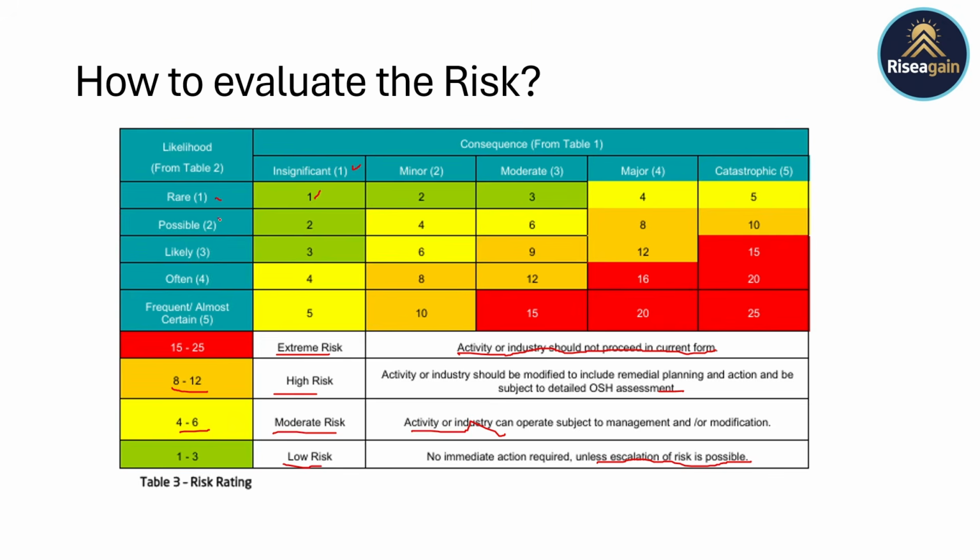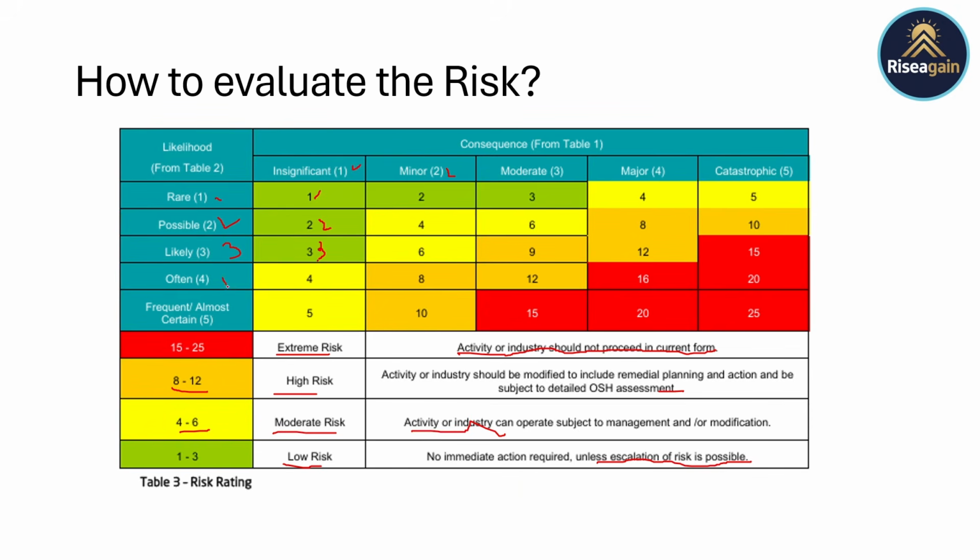If possible multiplied by possible, it will come, sorry, if this multiplied by 1, it comes 2. If 3, the likelihood is 3 as per our assignments in the last slides, so we need to multiply by 1, which is significant, it will come 3.